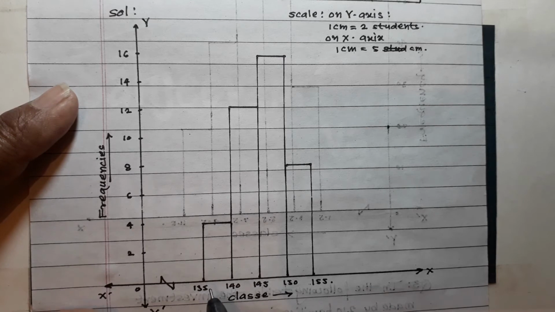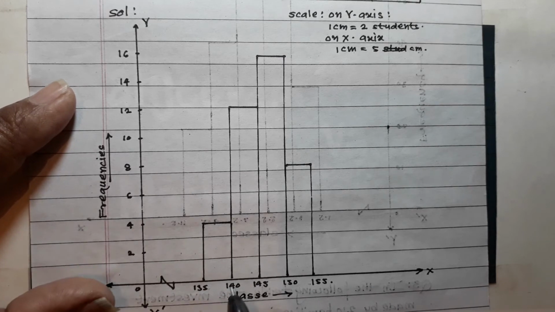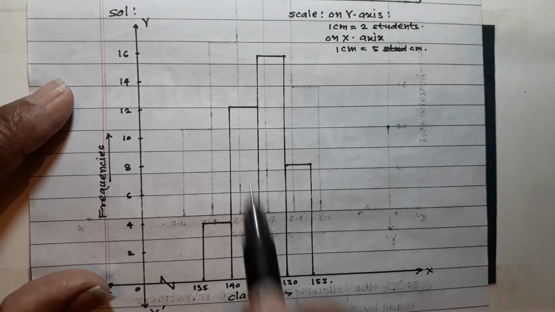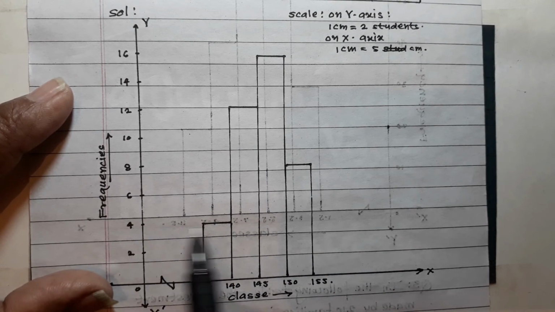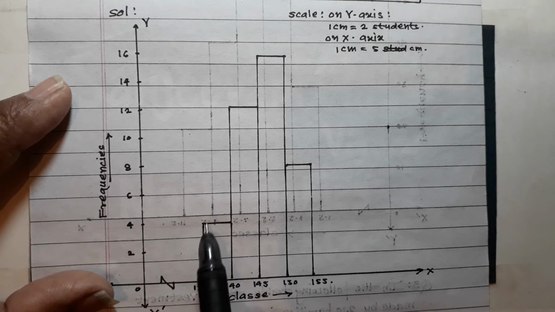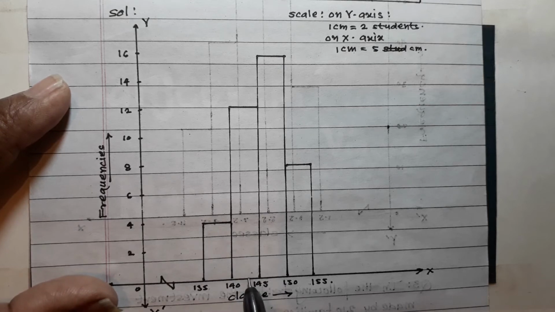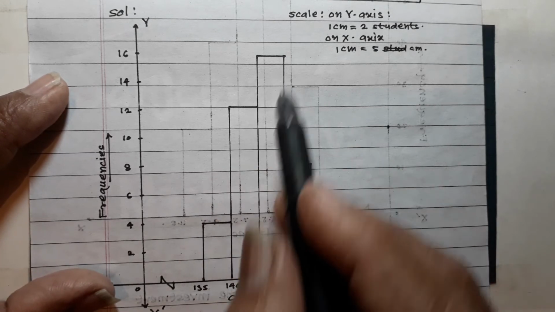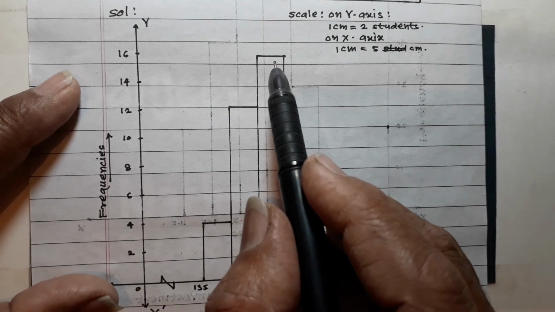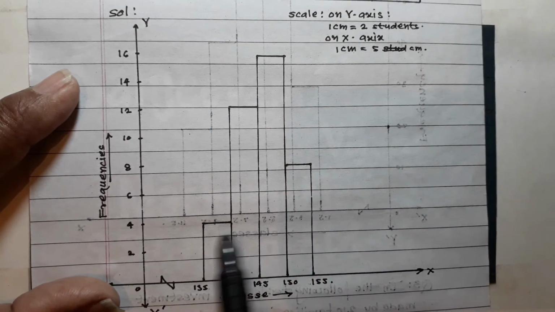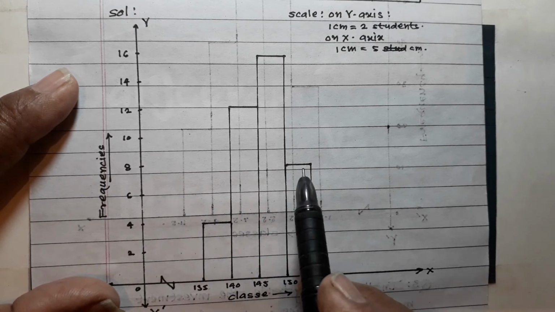Okay, so first 135 to 140, that is frequency 4, so I draw this rectangle. Then this is the second rectangle, frequency is 12. Third rectangle, frequency is 16, and fourth rectangle, frequency is 8.